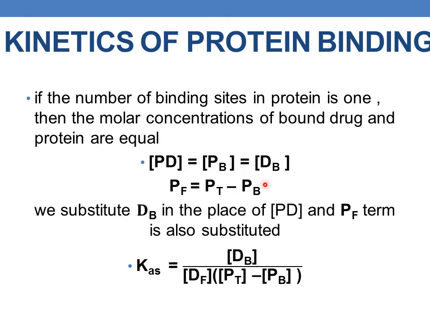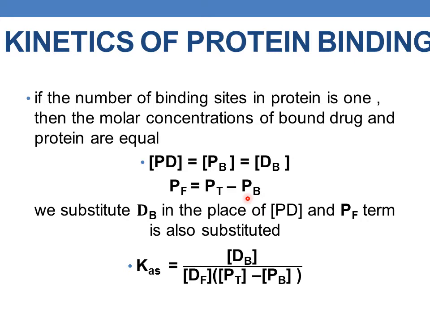And one more thing: if we know the total protein concentration, we can calculate the free protein concentration. Free protein concentration is nothing but the total protein concentration in the body minus the concentration of bound protein. Pf, the free protein, equals Pt minus Pb.